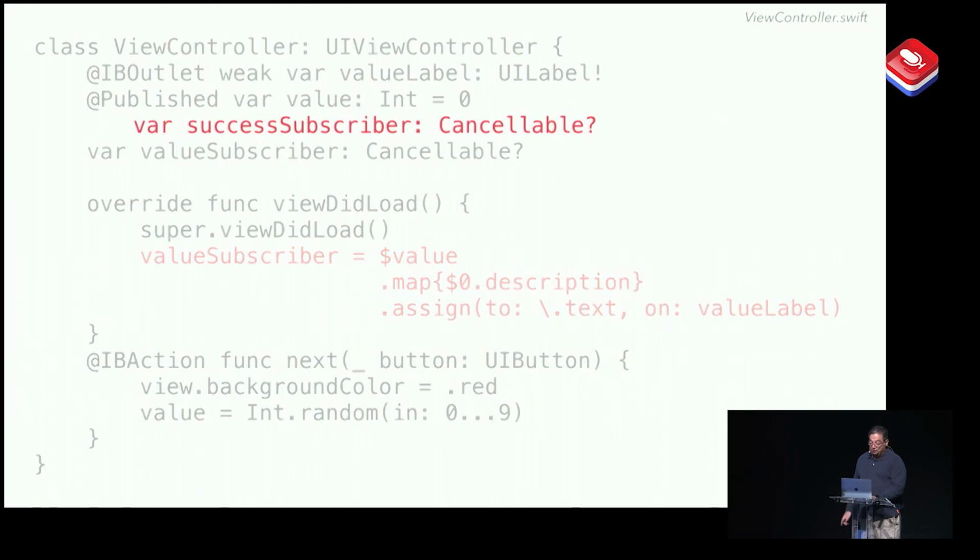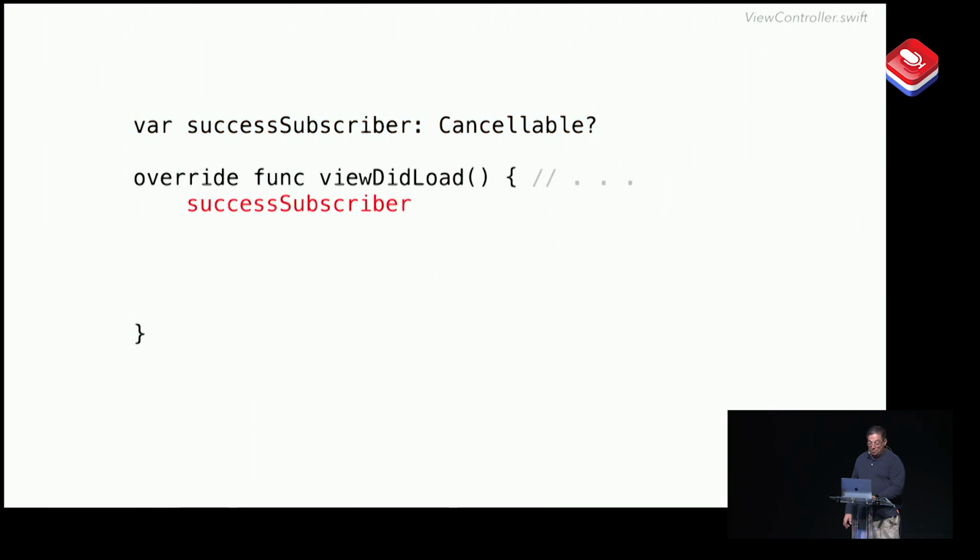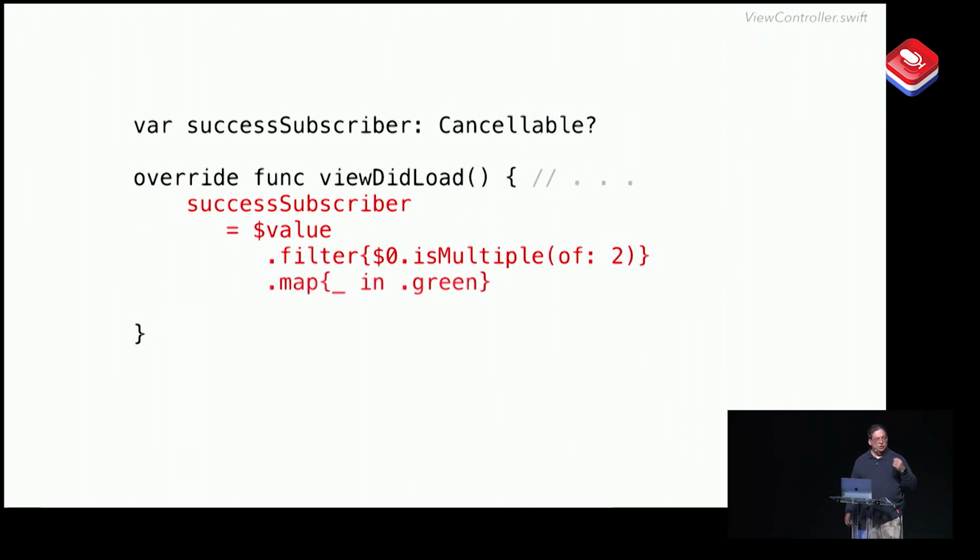I could have a success subscriber, and in my success subscriber, I look at the value, and I filter. And I said, this is only valid if the number I have is a multiple of 2. And so if it's valid, I'll show you green. Otherwise, I'll just leave it as red.